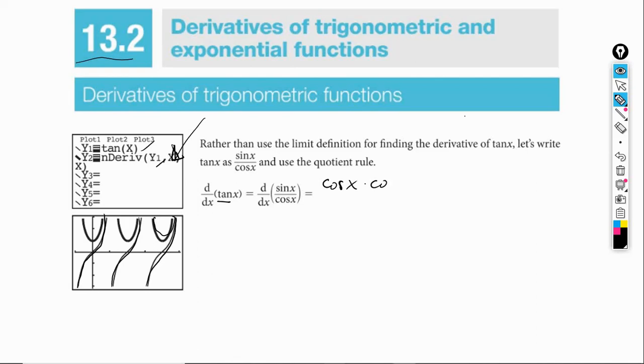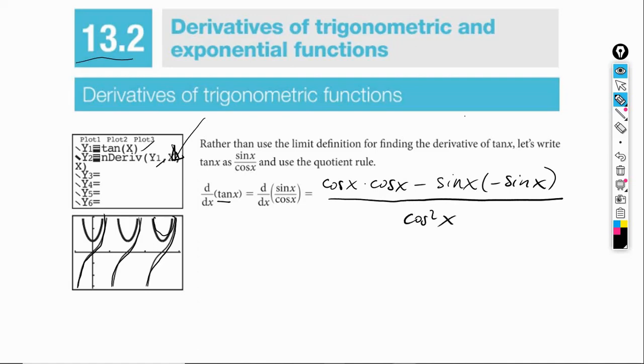That's going to be also cosine of x minus the numerator, sine of x, times the derivative of the denominator, which is minus sine of x. And all of this over cosine squared of x.